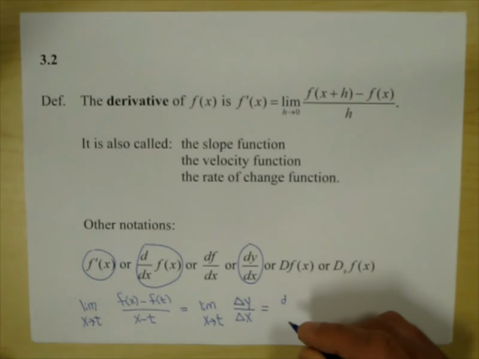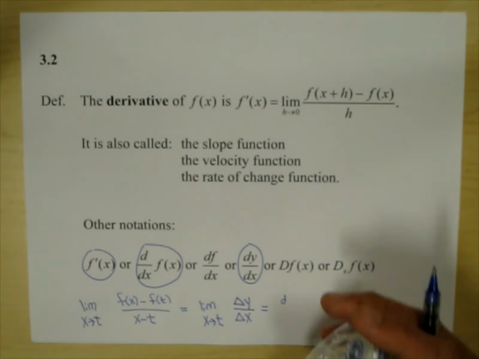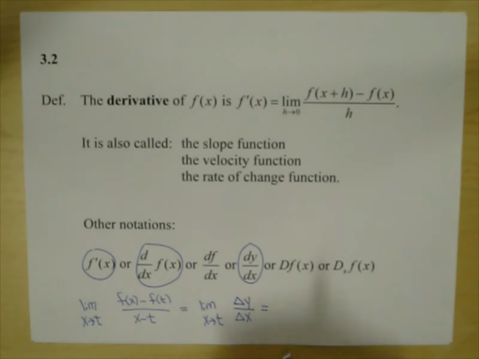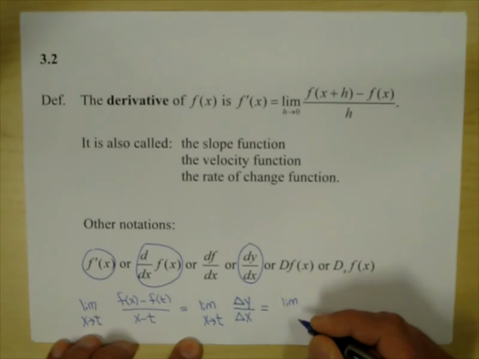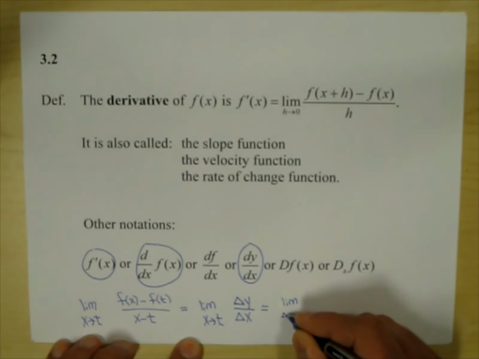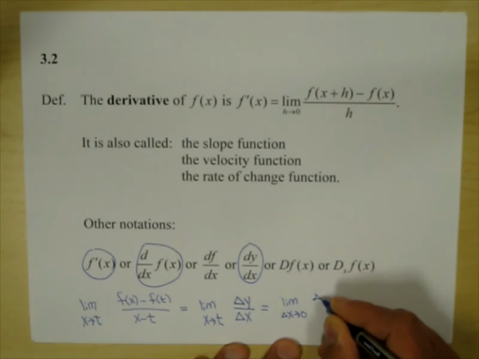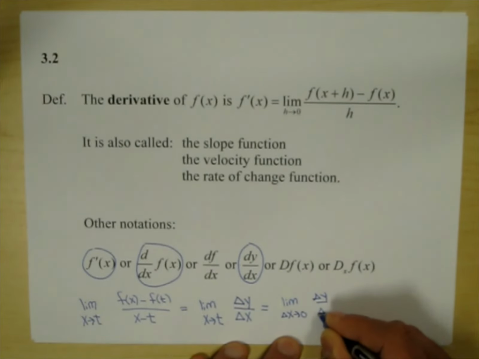Let me actually write this another way here. This is really the limit, because there's no t there, and that was bugging me, as delta x approaches 0 of delta y over delta x.